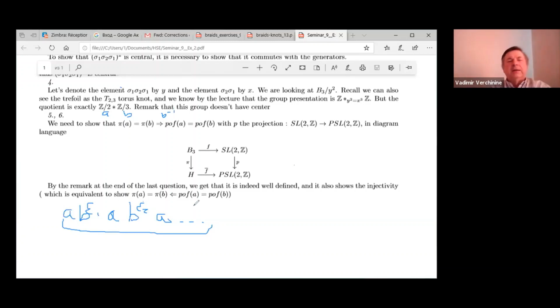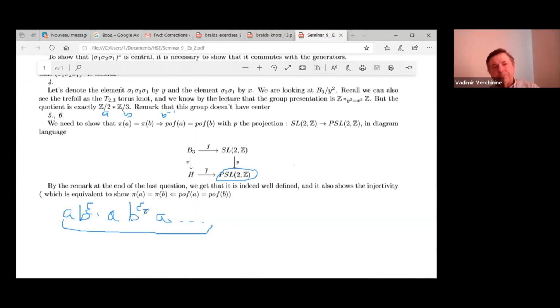So there are several cases, and you consider all the images of them here, and you prove by considering all the cases that this is an injection. It's a little bit boring, but I think it's necessary to do. It is not sufficient to make some general considerations.